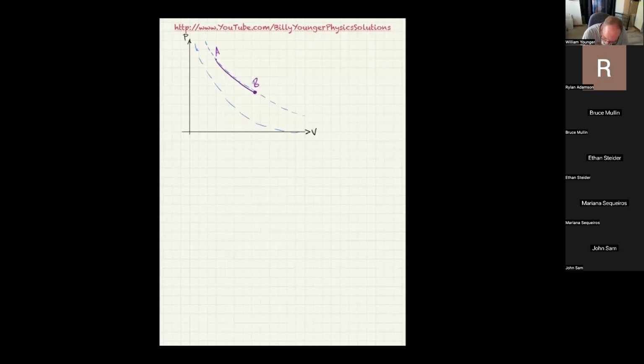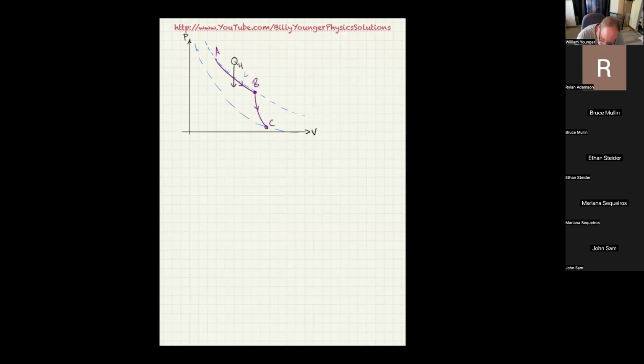And while that happens, a certain amount of heat, QH, is going to flow in. And then there's going to be an adiabatic expansion from here to here, which would be point C. I'll draw a little arrow there.